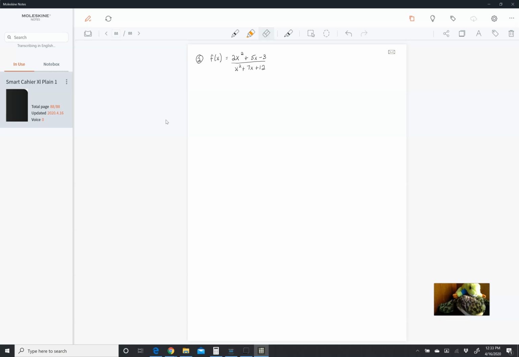So we're going to factor this. I'm not going to spend time on the factoring. We have 2x minus 1 times x plus 3. And then we have x plus 4 times x plus 3.